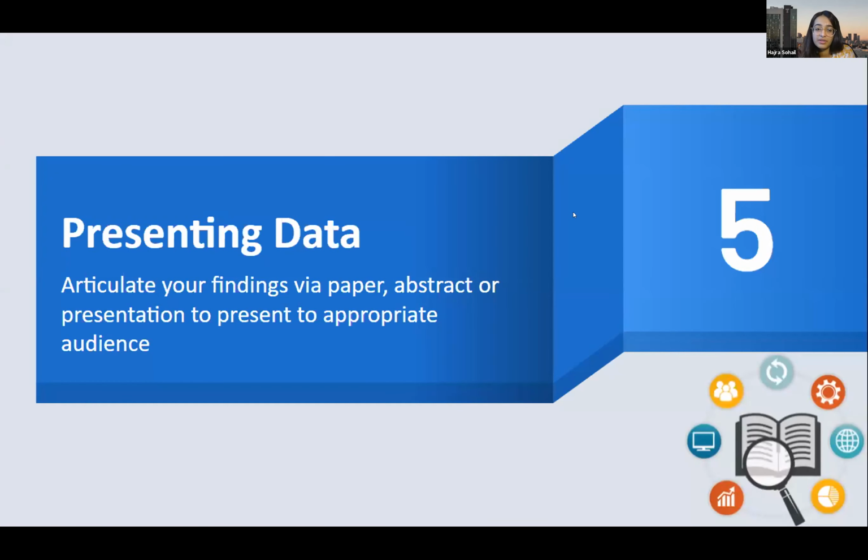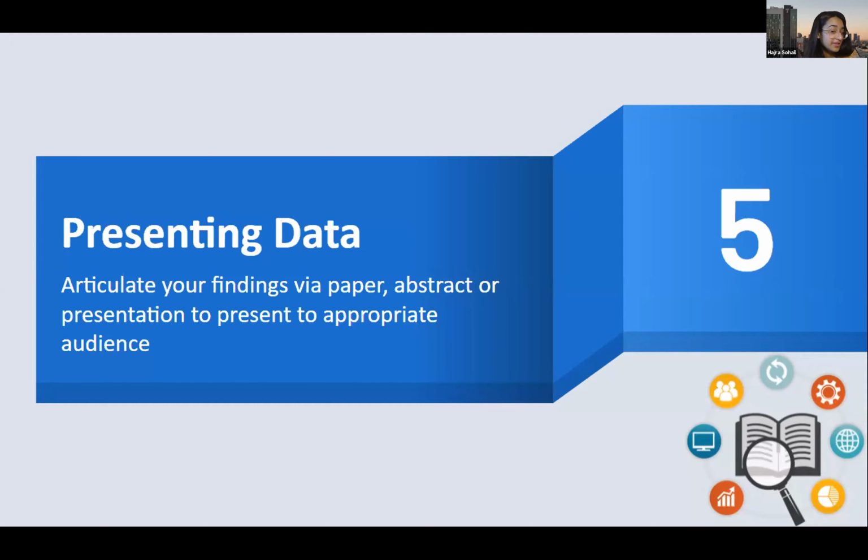All right. Presenting data is the last part of our presentation and the last part of your project, and it will consist of a one-page abstract and a poster board presentation.